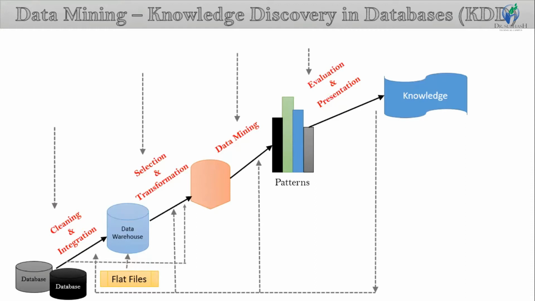Now, I will explain what a flat file is. A flat file, also known as a text database, is a type of database that stores data in a plain text format. Flat file databases were developed and implemented in the early 1970s by IBM.